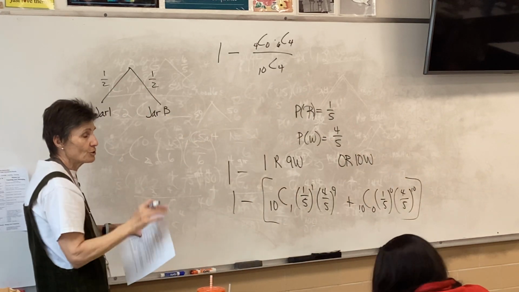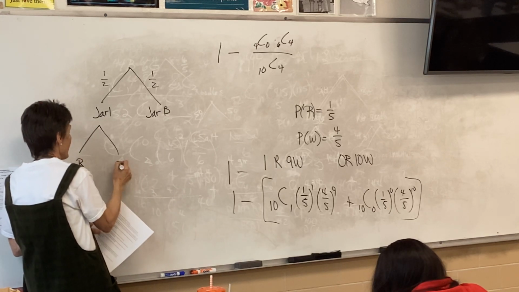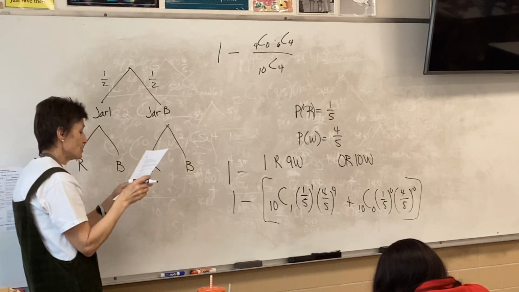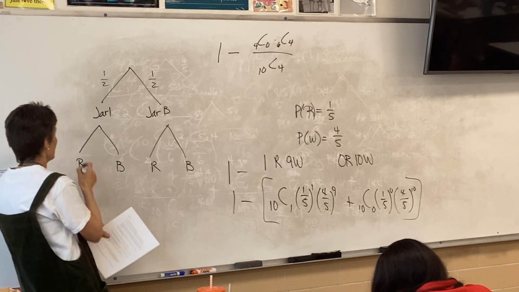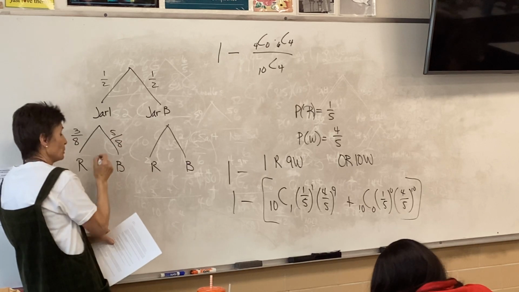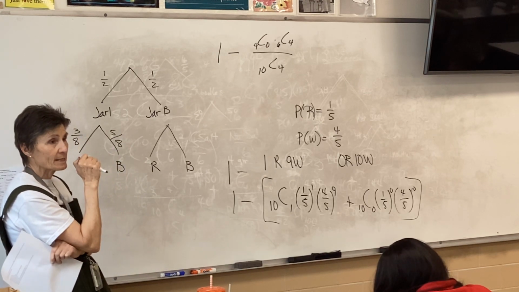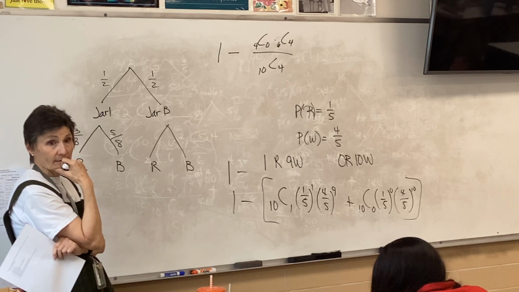for jar 1, jar 2. And then you're gonna pick a ball out of the jar, and the ball is either gonna be red or blue. In jar 1, there are 8 balls. 3 of them are red and 5 of them are blue. So since there are 8 altogether, the probability of red is 3/8 and blue is 5/8.